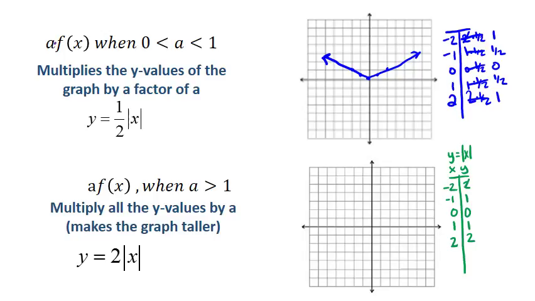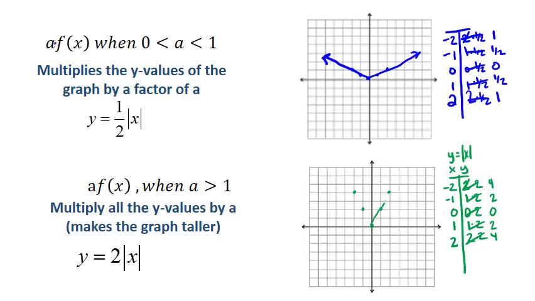So I'm going to take every y value and times it by 2. I end up with a 4, a 2, a 0, a 2, and a 4. If I plot these new points, -2, 4, -1, 2, 0, 0, 1, 2, 2, 4.